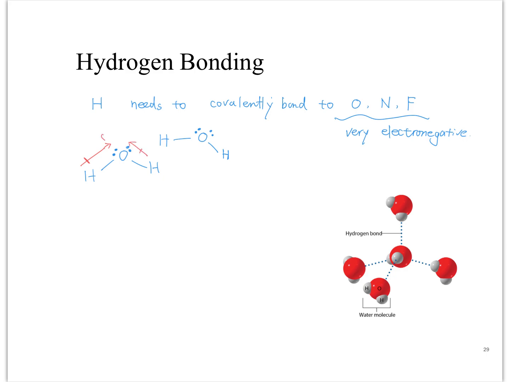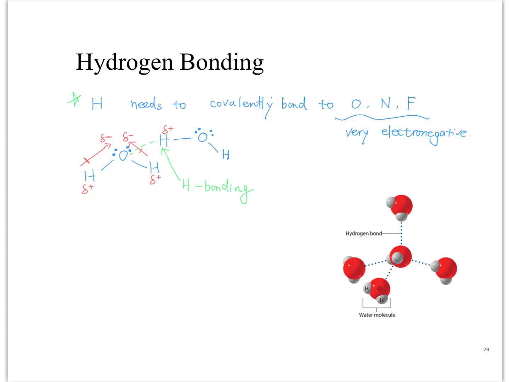Plus it has those lone pairs, making the oxygen side extremely negatively charged. At the same time, the hydrogen side will be more positively charged. So now you have a very negatively charged side and a very positively charged hydrogen. This negative charge, the oxygen, will form these interactions that are so-called hydrogen bonding.